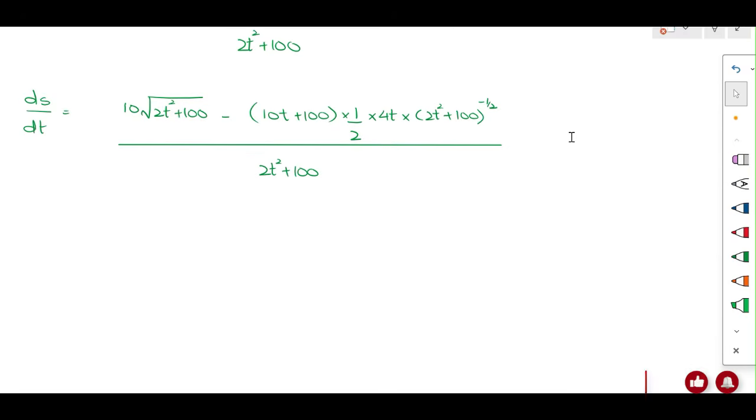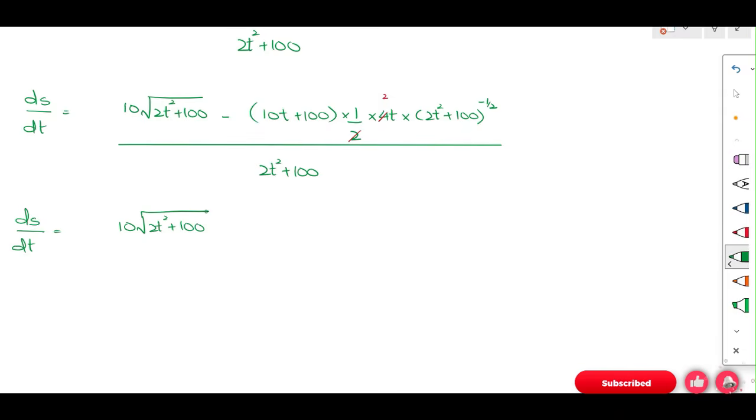Okay, let me do further simplification. Here we can say 2 times 2 is 4. Okay, and we can shift this power to the denominator to make it positive, right? So now the derivative ds over dt becomes 10 times square root of 2t square plus 100 minus 2t into 10t plus 100.